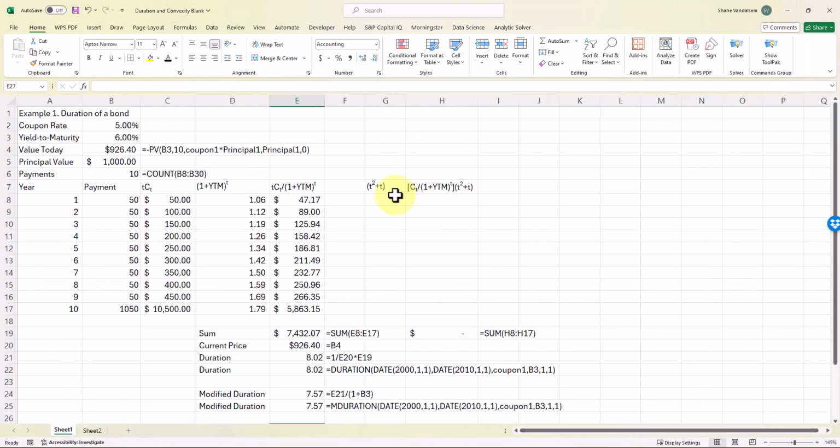So we'll start here by calculating the value of t squared plus t. That's just the time period in years. So t, and we're going to square that plus the time period.